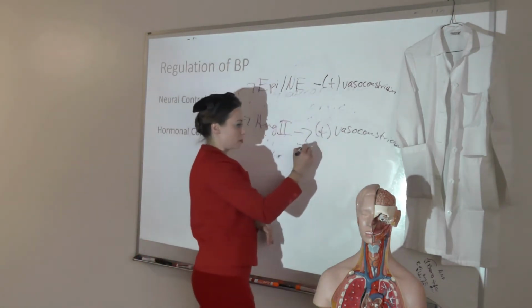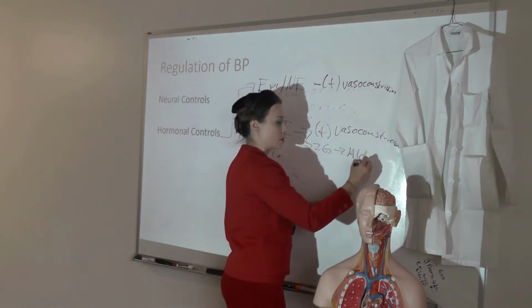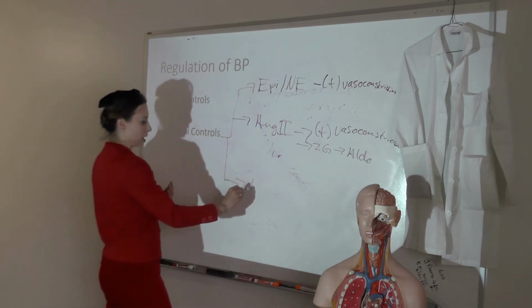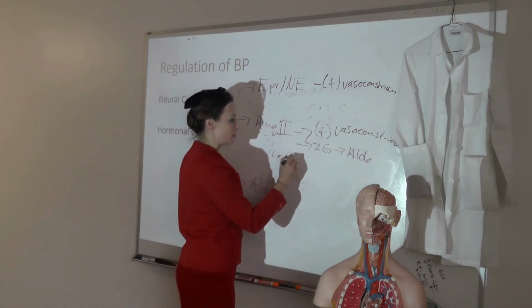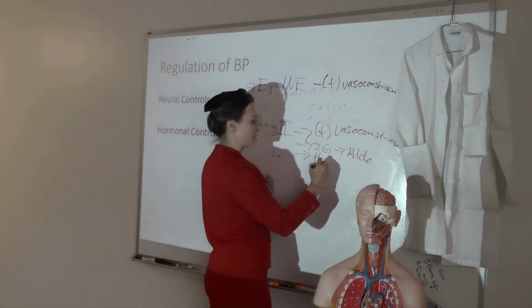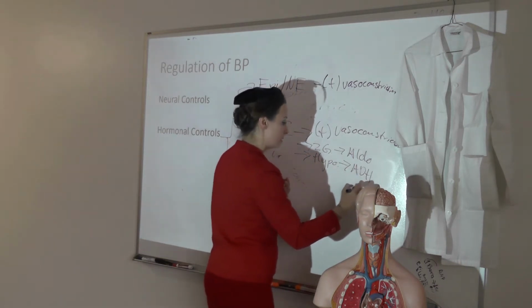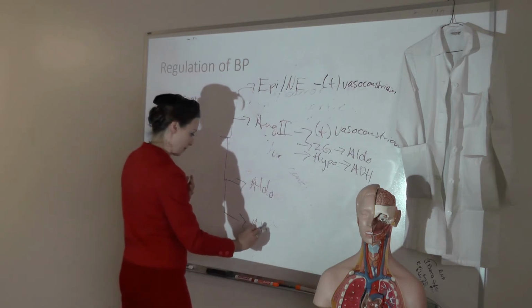It's going to go to the zona glomerulosa of our adrenal cortex and stimulate aldosterone release. Aldosterone is going to be another important hormonal control we'll talk about in a second. Angiotensin 2 is also going to go to the hypothalamus and stimulate antidiuretic hormone release. That's going to be another important hormone we'll talk about in a minute.